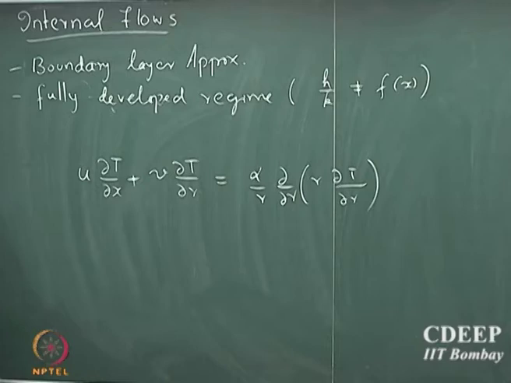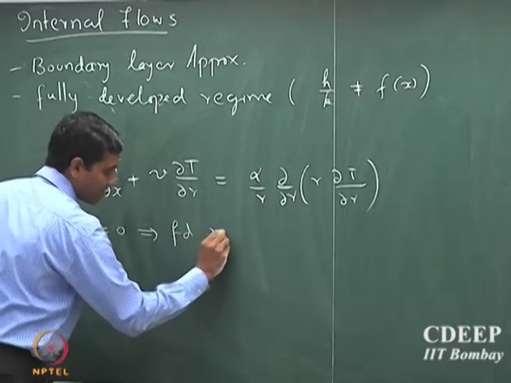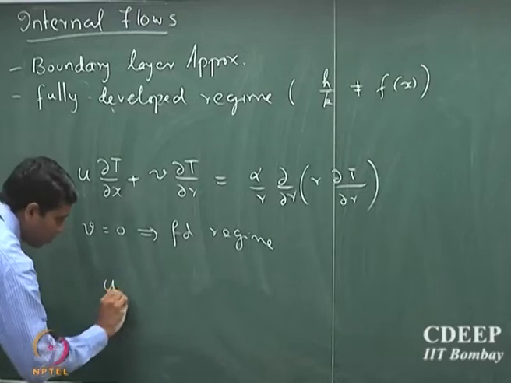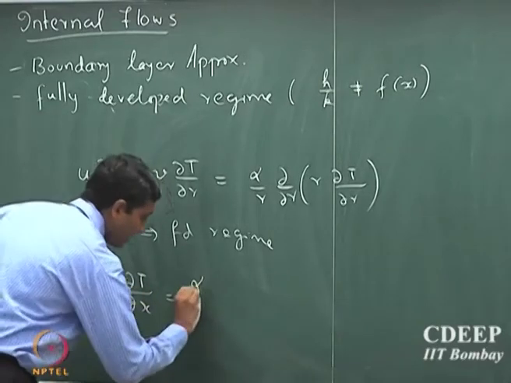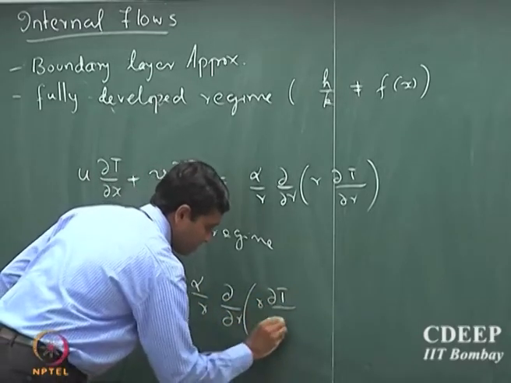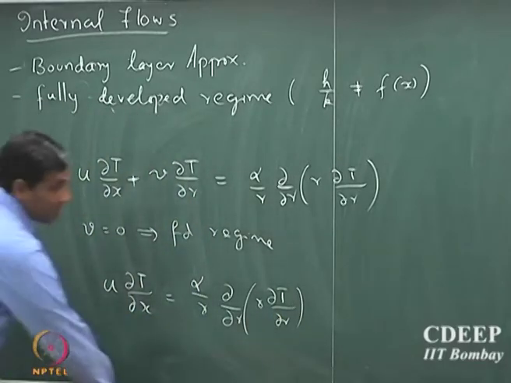V is 0 because the flow is only in the x direction. So the equation essentially boils down to u dT/dx equal to alpha by r d by dr of r dT/dr.